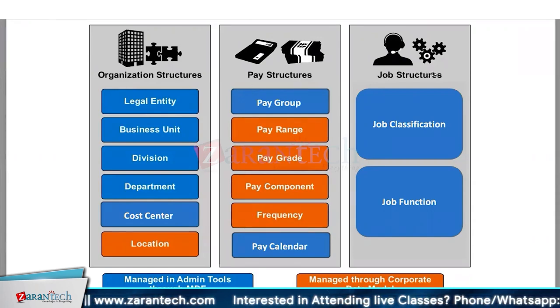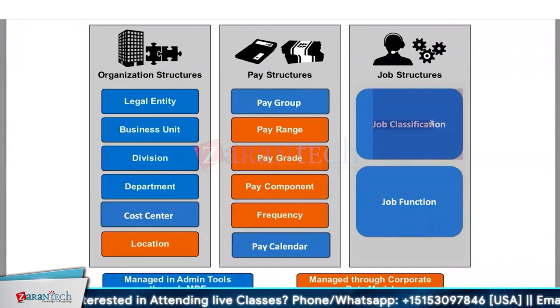Similarly, you have something called job structures, where job classification is one important thing. Job classifications are nothing but the jobs, very simple jobs terminology. Manager is a job, consultant is a job, analyst, executive, all these are jobs. President, vice president, director, everything is a job. There is a slight difference between a job and a position.